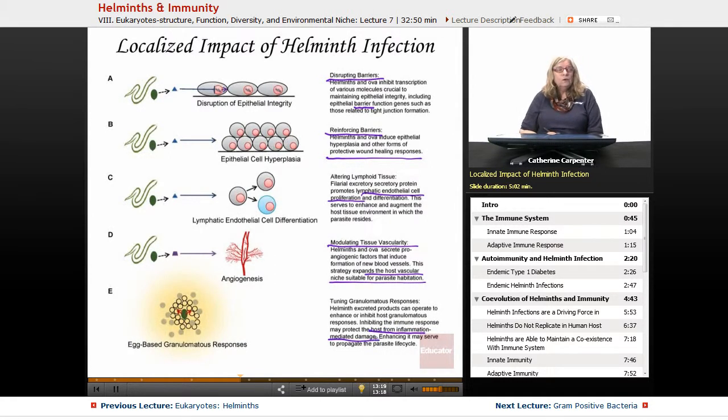So, even though, as we saw in the elephantiasis picture, this infection can be disfiguring, most people who are infected with filariasis do not develop the lymphedema kind of phenotype. They don't develop it.